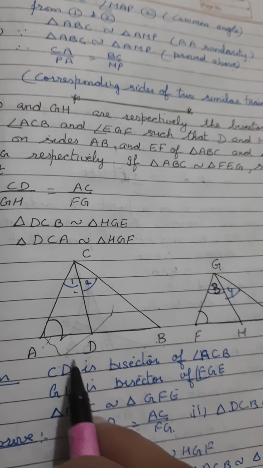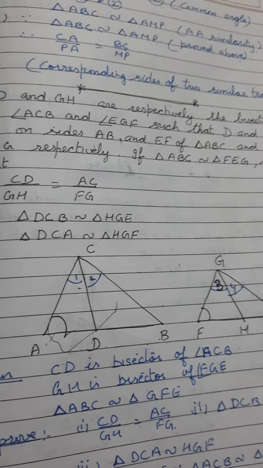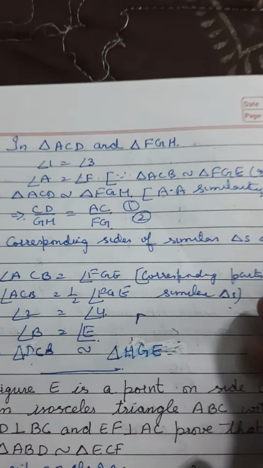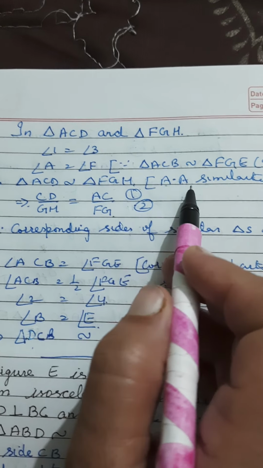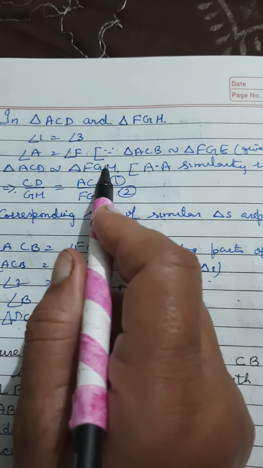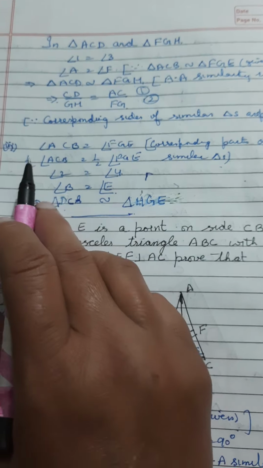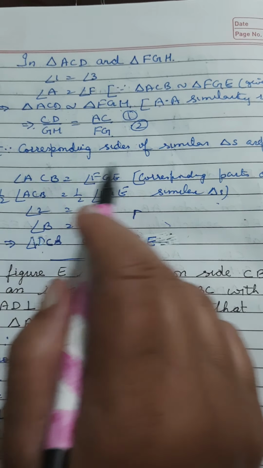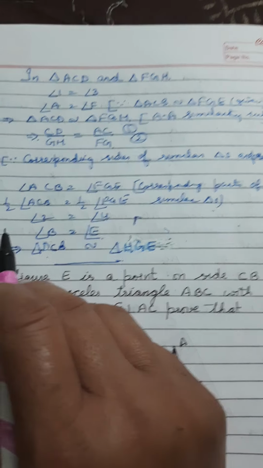Because these triangles are similar, their sides are in the same ratio. Therefore, triangle ACD is similar to triangle FGH, and CD by GH is equal to AC by FG, because corresponding sides of similar triangles are proportional.